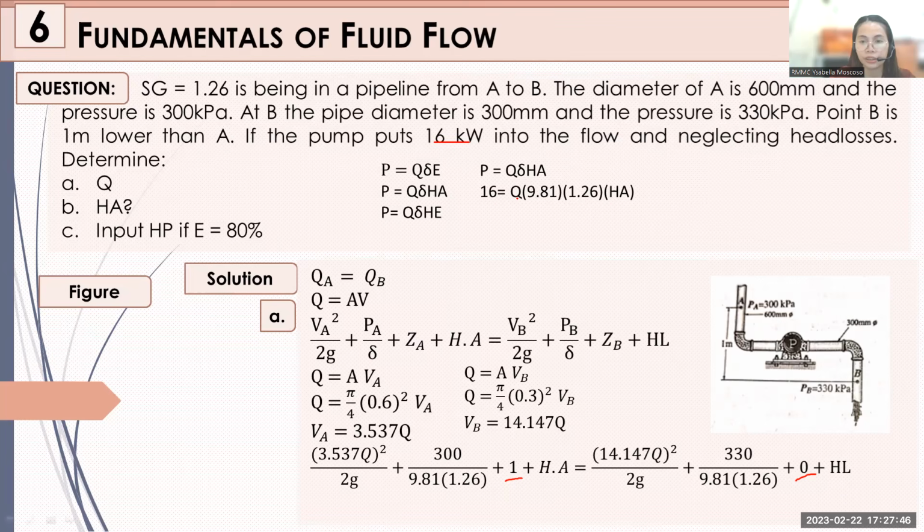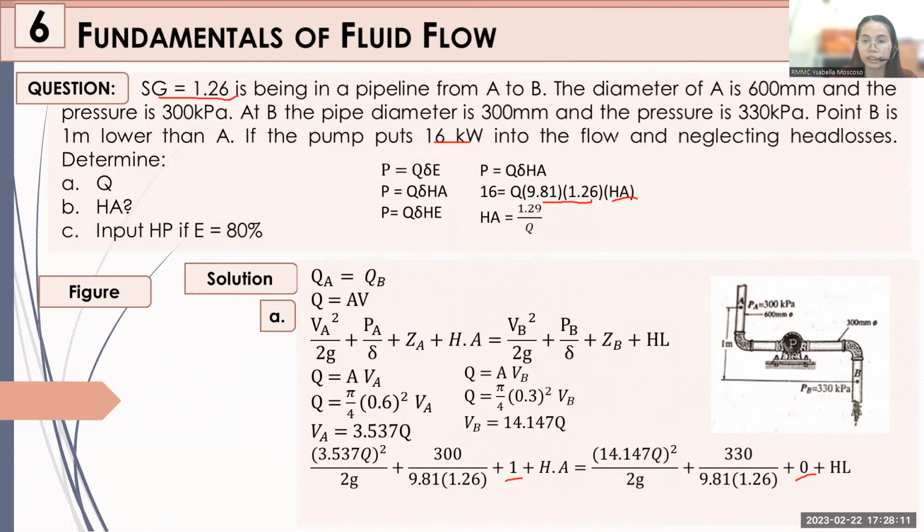Your Q is the discharge times 9.81 times 1.26. That is converting water to the new substance given by the problem by multiplying it by the specific gravity, multiplied by the HA. Since Q is unknown and HA is also unknown, let us try to express HA in terms of Q.